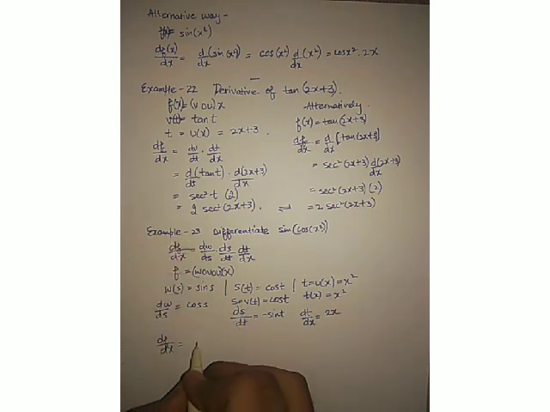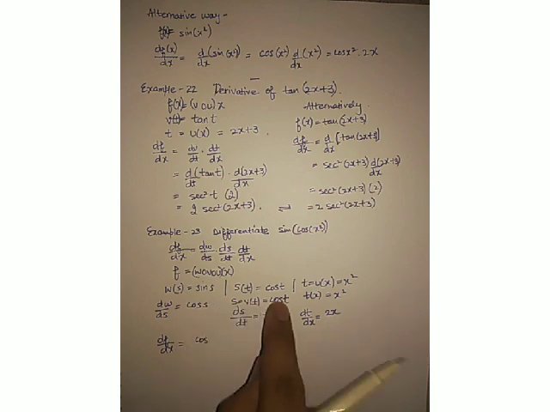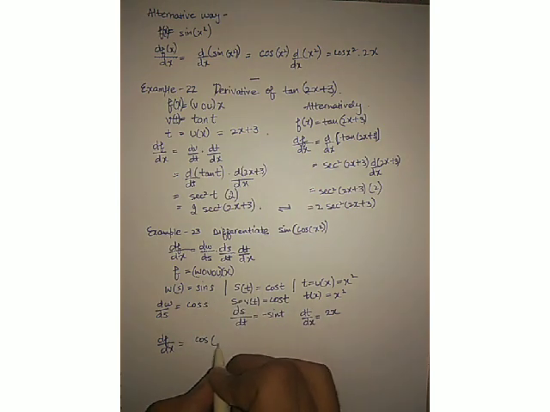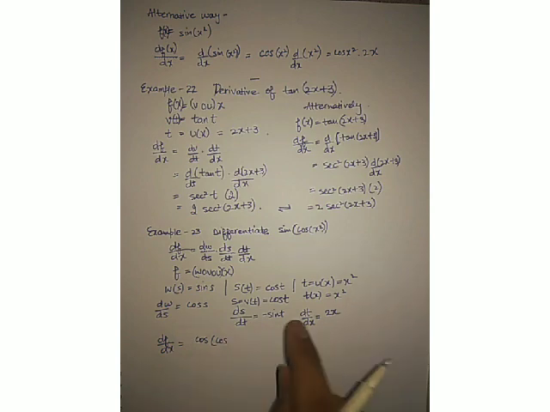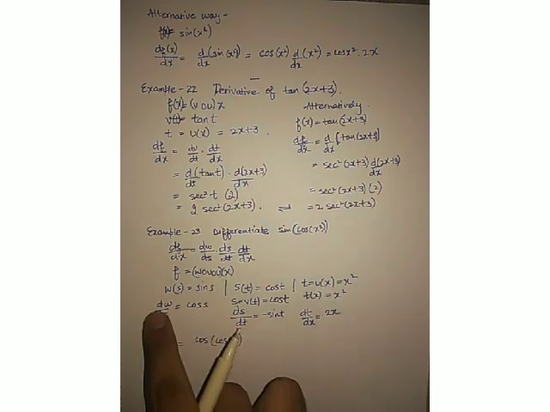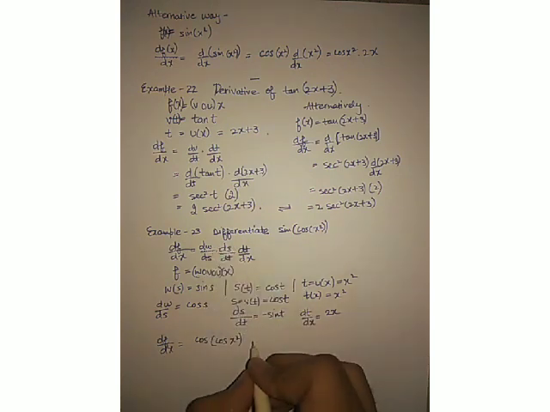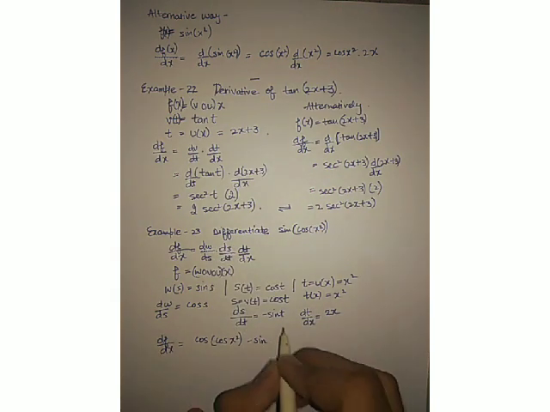Firstly dw upon ds, that is cos of s. Now simultaneously fill in the values. What is the value of s? That is cos t. Now what's the value of t ultimately? That is x square. Clear? So we have filled in the value of dw upon ds. Let's fill the value of ds upon dt. Minus sine t, minus sine, what's the value of t?